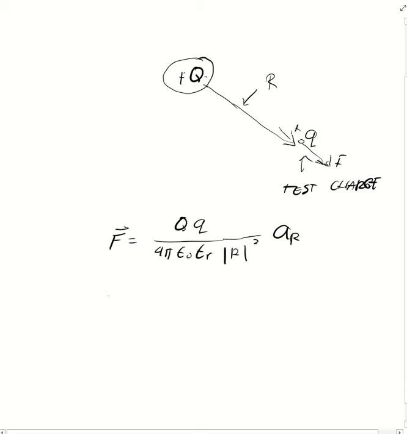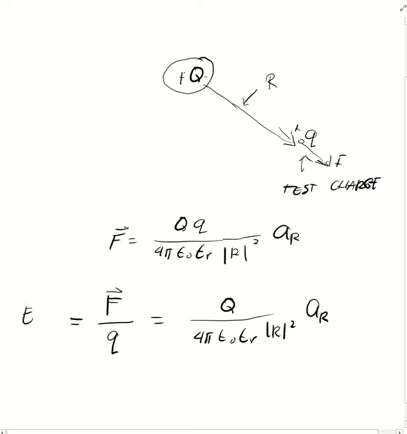So if we divide that force by that test charge q, this will be equal to Q all over 4 pi epsilon naught epsilon r times R squared aR. And this expression at the right side is what we call the electric field intensity, and we will call this one E. The unit for force is Newton and the unit for charge is Coulomb, so this will be in Newton per Coulomb.